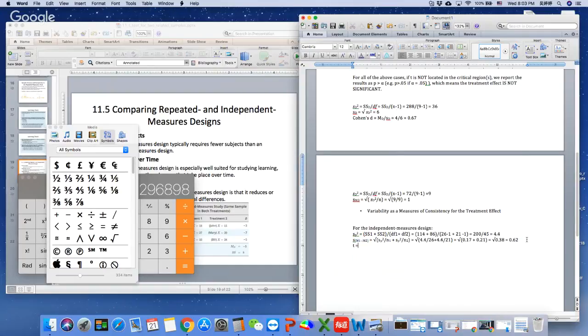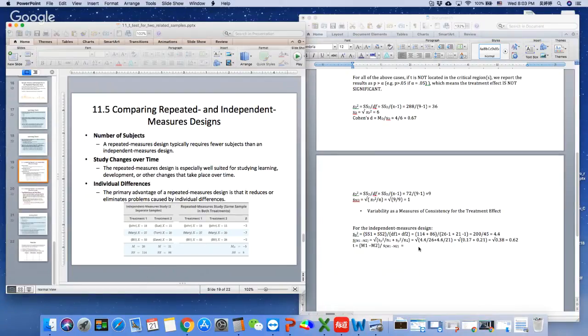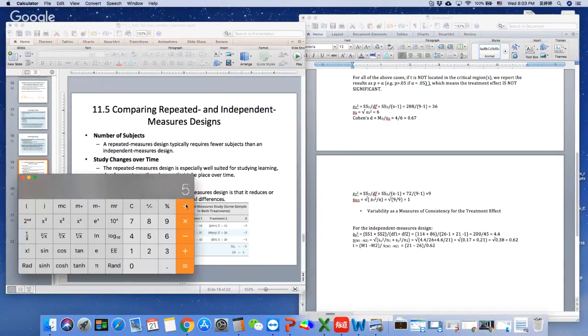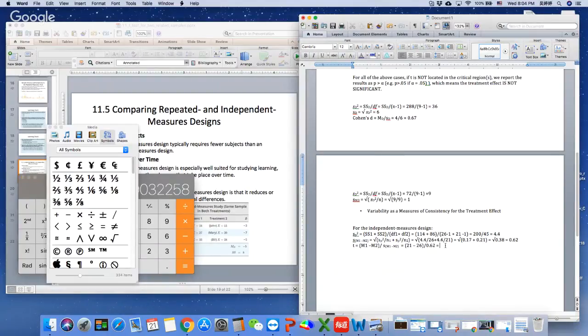So the t value equals M1 minus M2 divided by S M1 minus M2, which is, really?